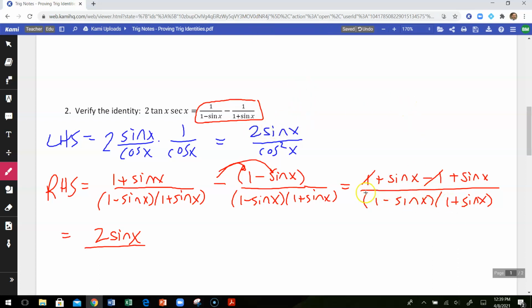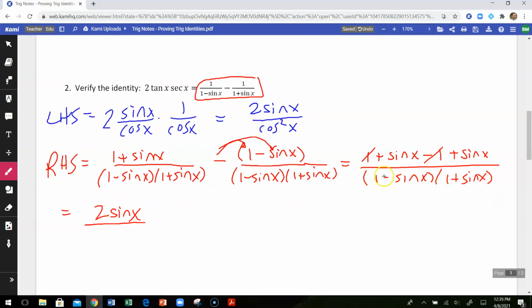On the bottom, now I'm just focused on, okay, I've got to get my bottom to get to cosine squared, right? So I haven't been multiplying this out yet, but I'm going to go ahead and do that now. I'm going to multiply out 1 minus sine x times 1 plus sine x. So if we distribute here, we're going to get 1 plus sine x minus sine x minus sine squared x.